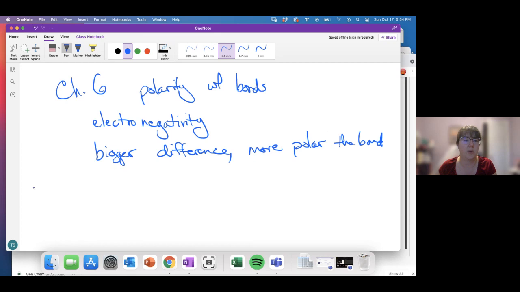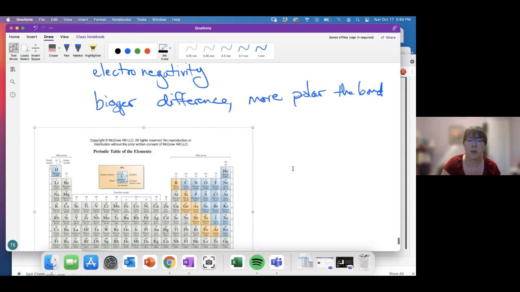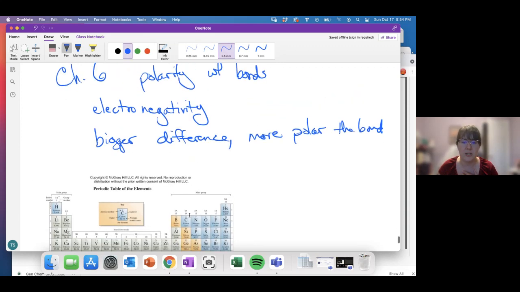We could find our periodic table, and we could have things like a carbon versus a fluorine, and that bond we would expect to be polar because fluorine is a very electronegative atom, carbon not so much. We could have a carbon-carbon bond where we would expect it to be basically nonpolar because it's the exact same atom pulling through that bond.